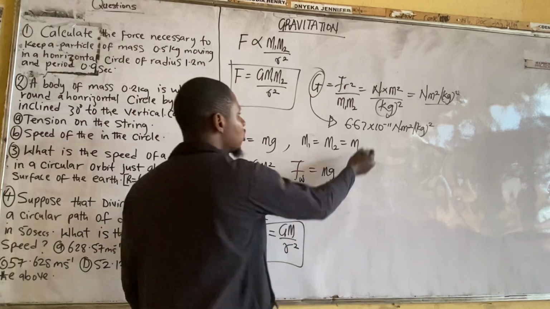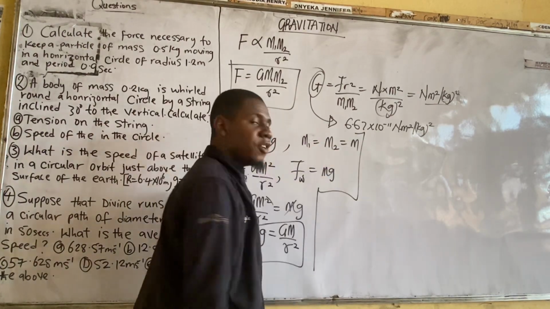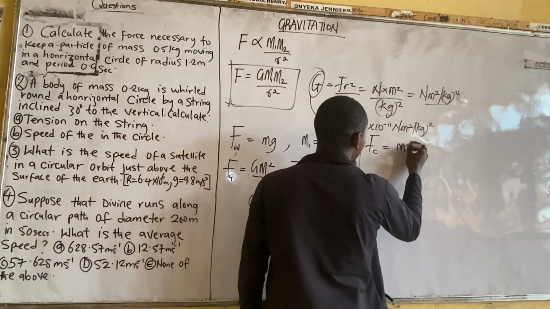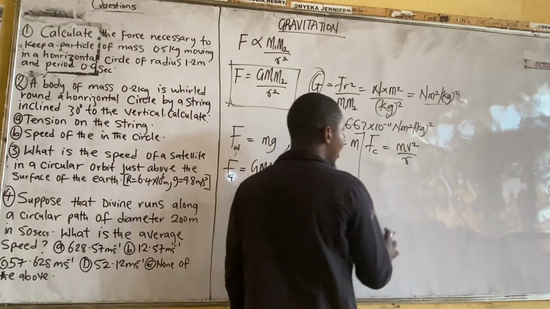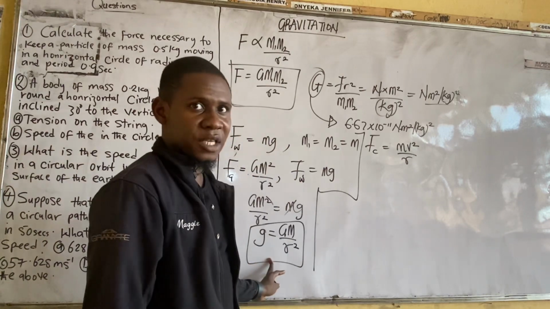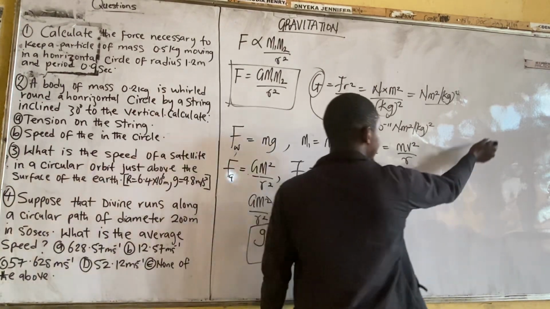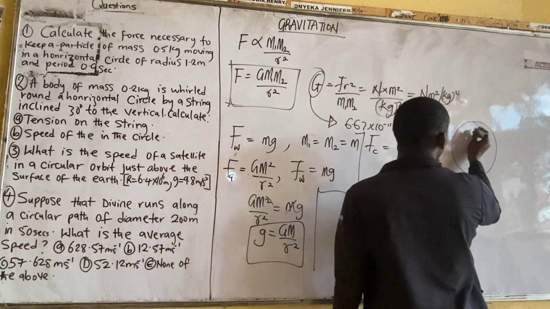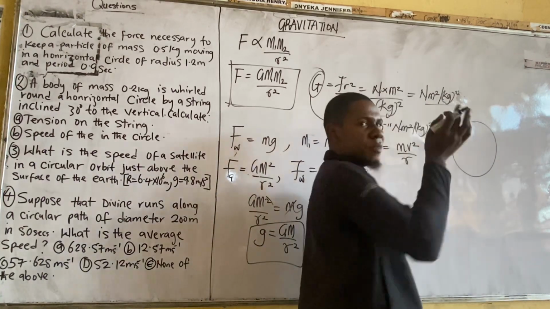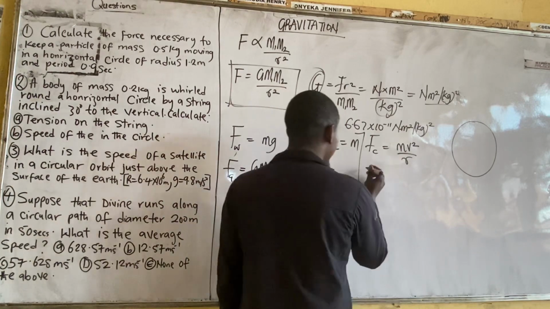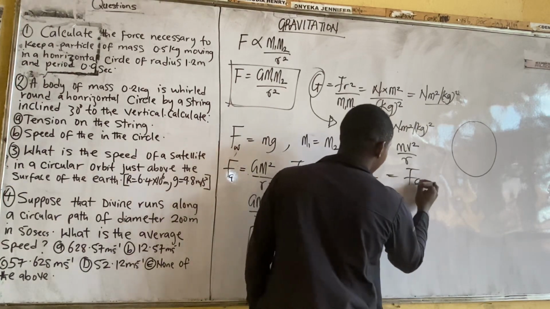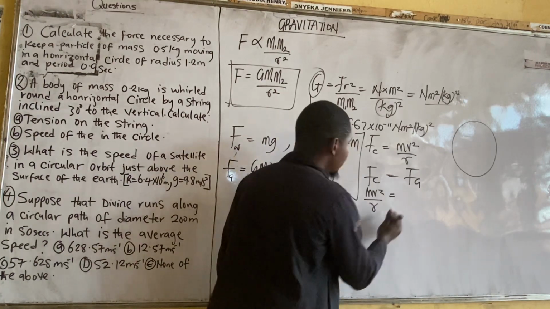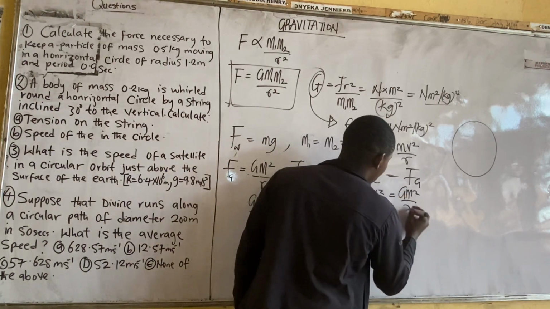Moving ahead, we also have what we call the centripetal force. The centripetal force Fc is equal to mv squared over r. Let's say that this is an orbit, and there's an inward force holding this body from escaping from this orbit. If we say that Fc is equal to Fg, we have mv squared over r equal to G M m over r squared.